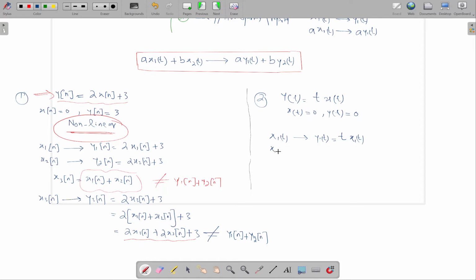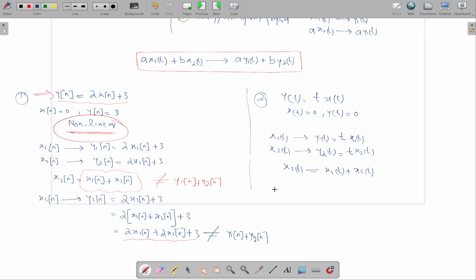And then for x2(t), the second input, my output is going to be y2(t) equal to t times x2(t). Then we are going to assume a third input, x3(t), which is a sum of these two inputs.